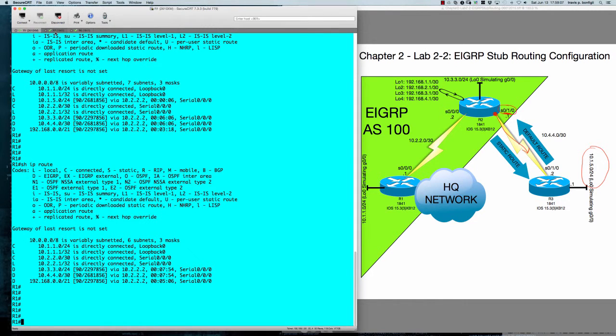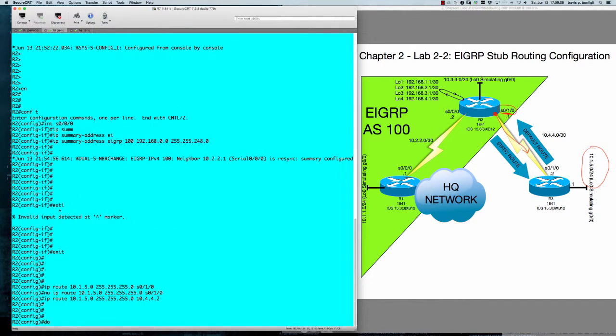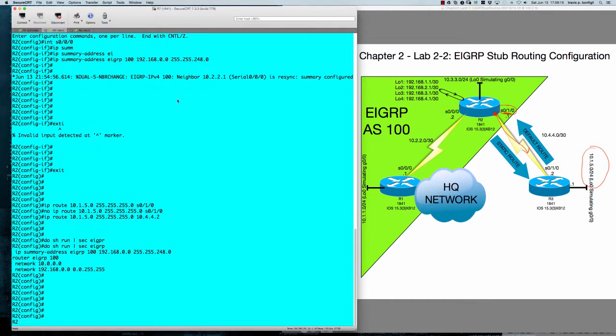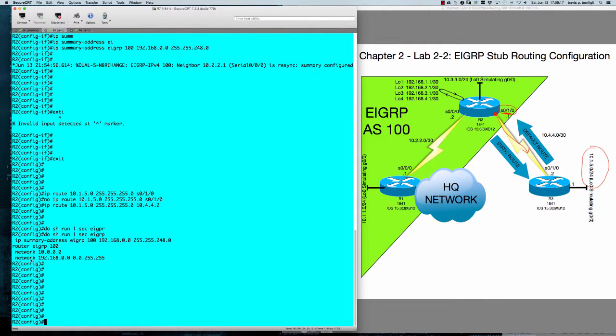So let's take a look back here on router 2. If I do show run section EIGRP, do we have a network statement here into which this static route subnet would fall?